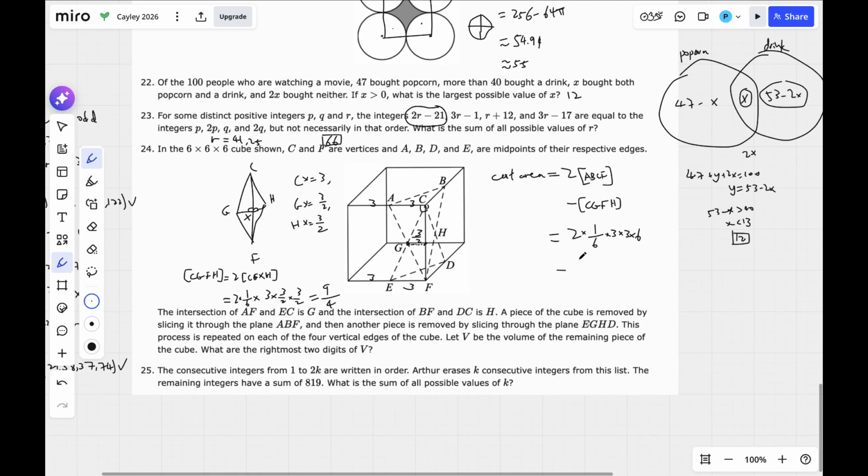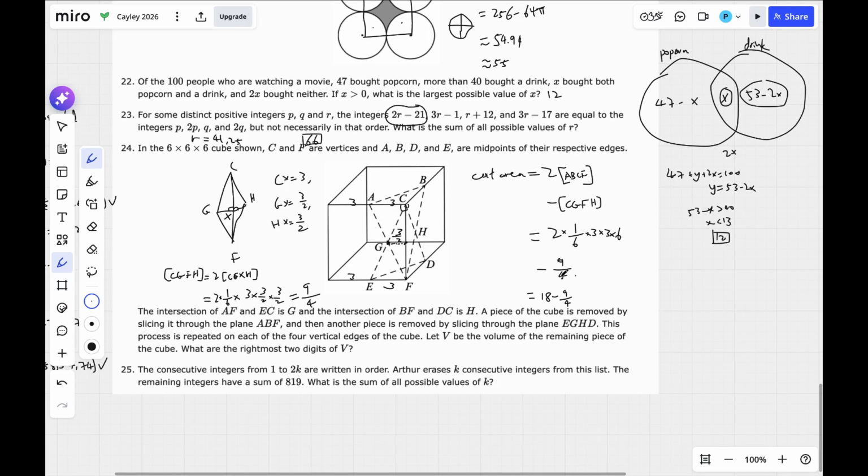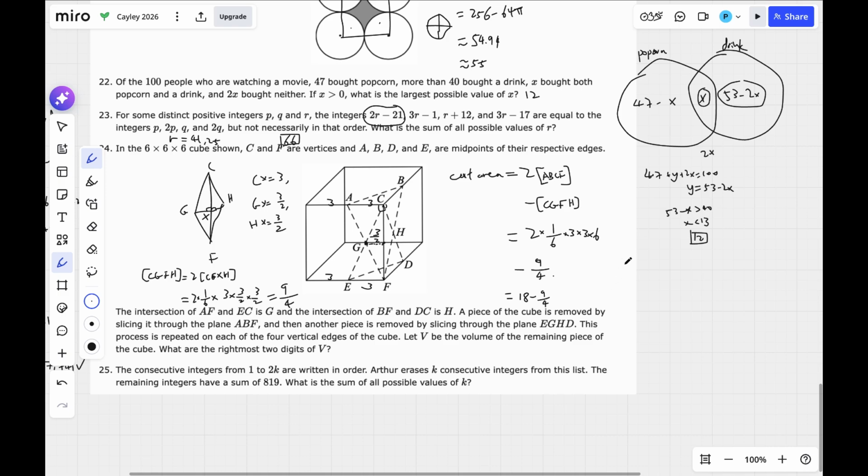In total, this will get us 9/4. So now we can put this here, 9/4. So this is each individual cut area.